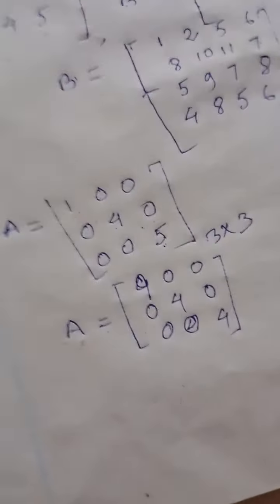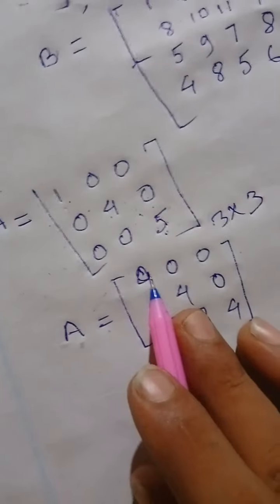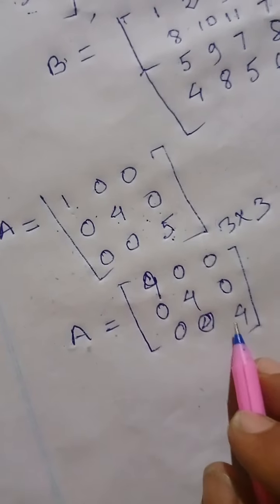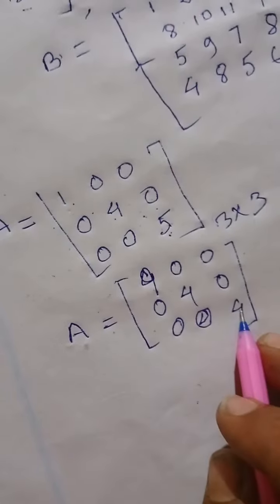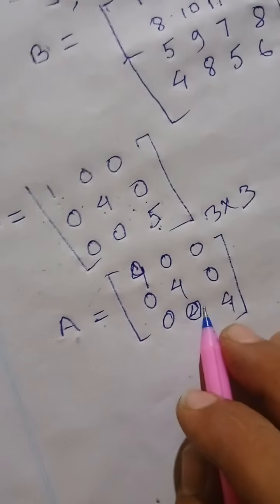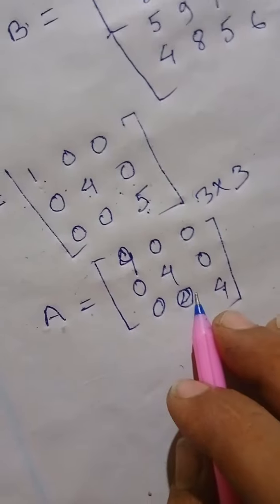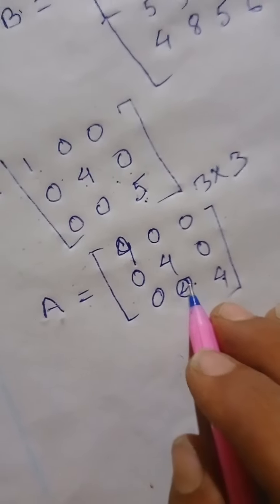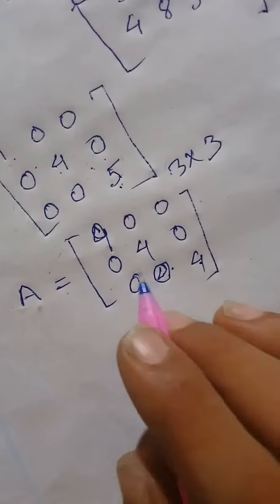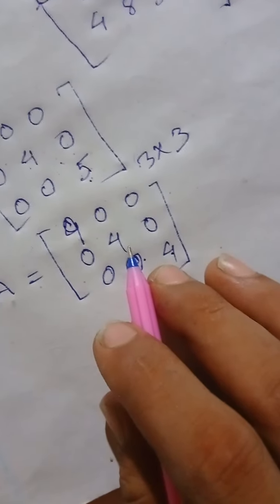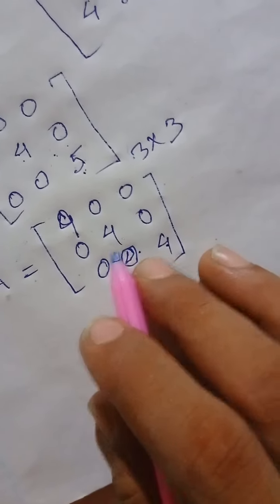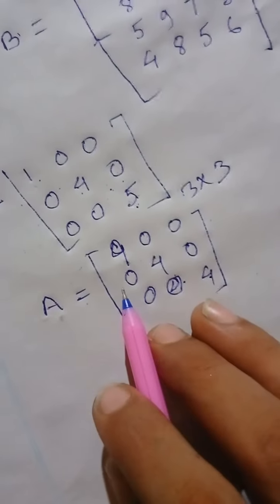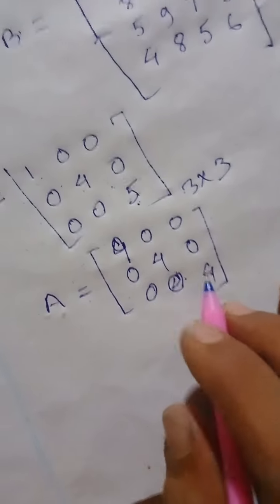Here all elements except those on the principal diagonal are 0 and all elements of principal diagonal are equal. So matrix A is also an example for a scalar matrix.